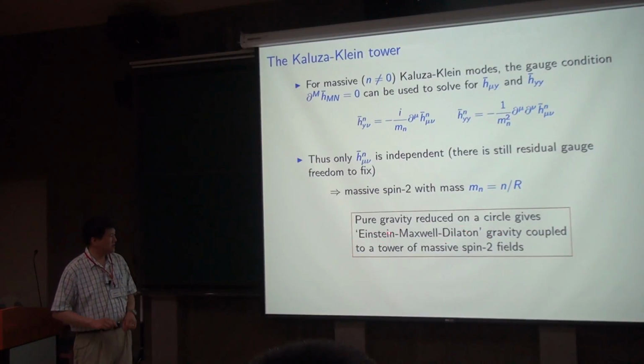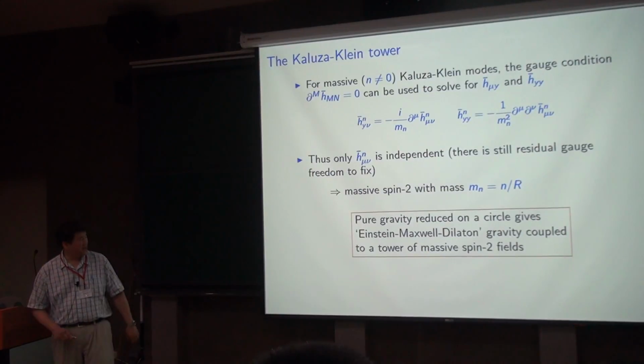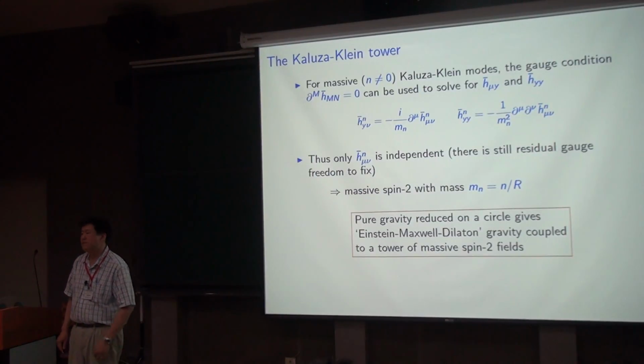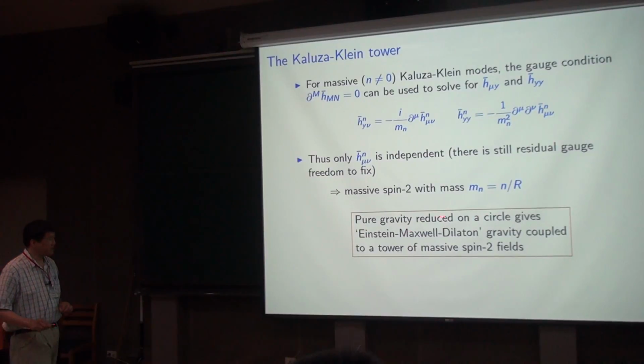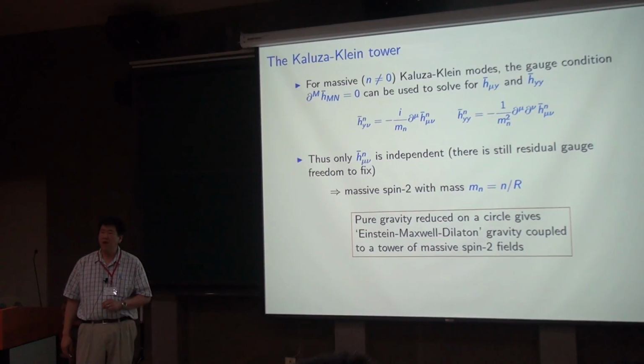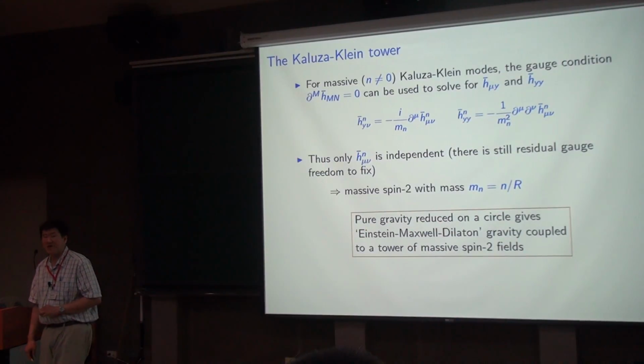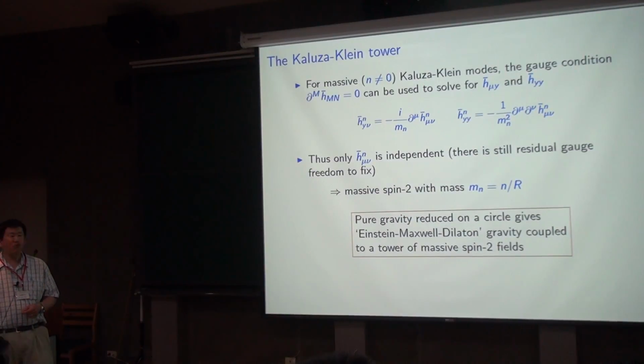These are massless fields in 4 dimensions, coupled to a massive Kaluza-Klein tower. And as I said before, we can do a truncation. I can remove the Kaluza-Klein tower, leaving only Einstein-Maxwell dilaton. And in fact, sometimes when we talk about Kaluza-Klein reduction on a circle, we imagine that the tower has been truncated away for us.